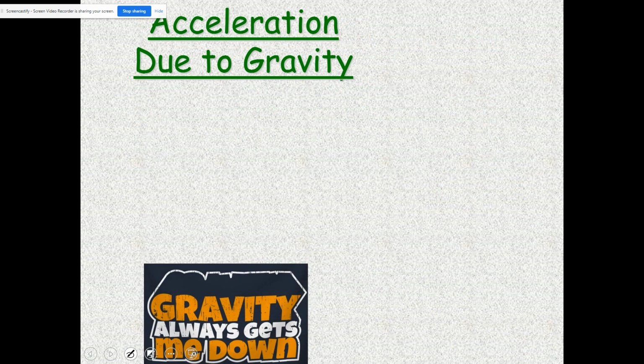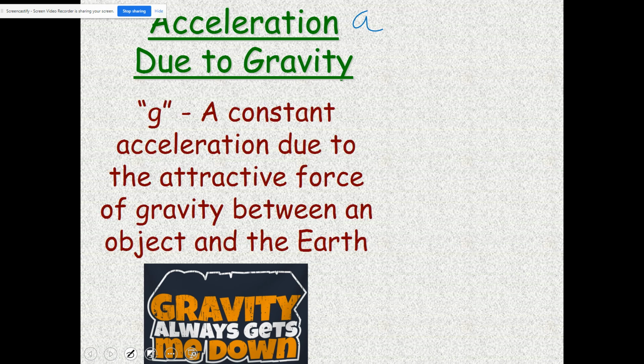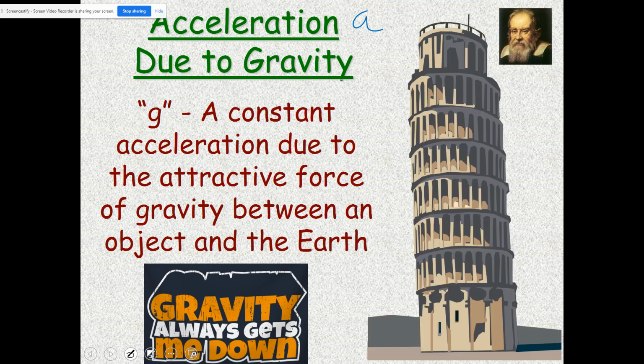What is the acceleration due to gravity? Notice that it is saying it is acceleration. So acceleration due to gravity is just A. But because Earth has a certain size and it never changes, then A on Earth is always the same. And it becomes this thing called a constant. The acceleration due to gravity is based on the attractive force between the Earth and other objects.